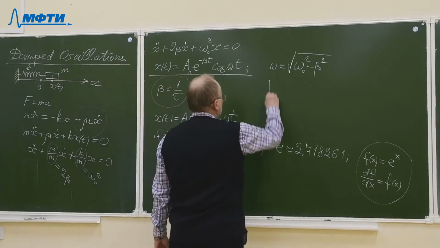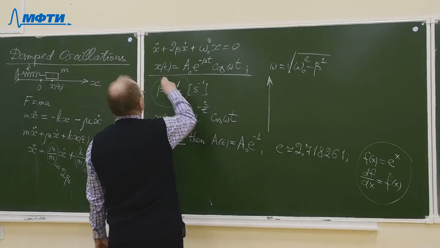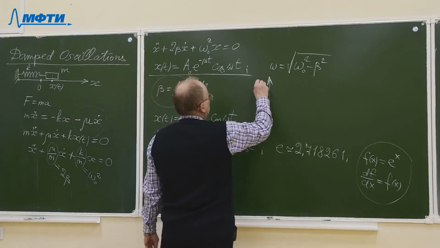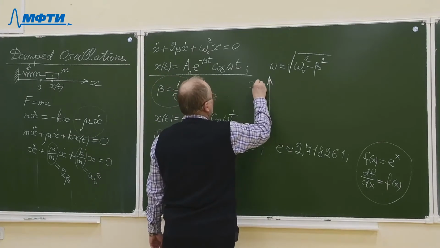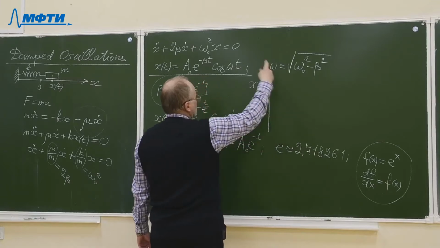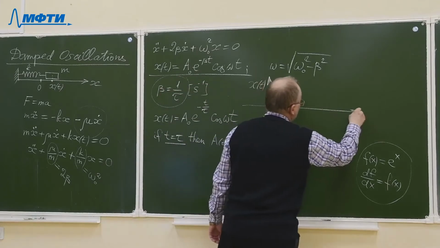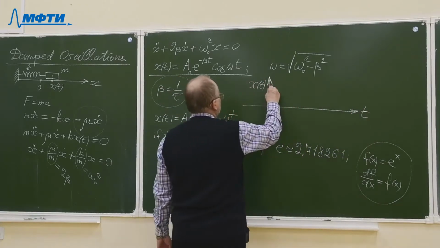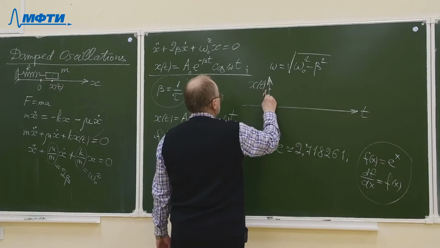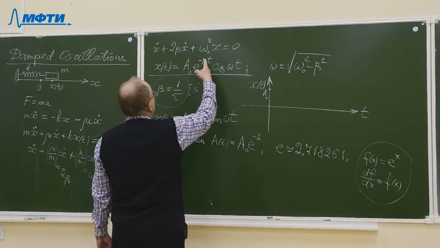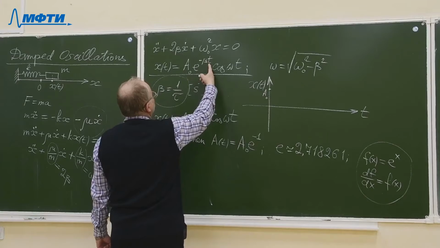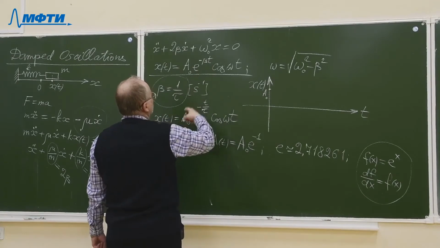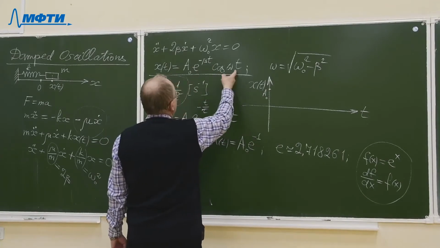Certainly, it's not a complicated task. So here we will have x of t shown along vertical axis, and here we will have time, and the initial amplitude A0 will be here. A0 at the initial moment of time t equals 0, and exponent will be 1, cosine of 0 also 1.